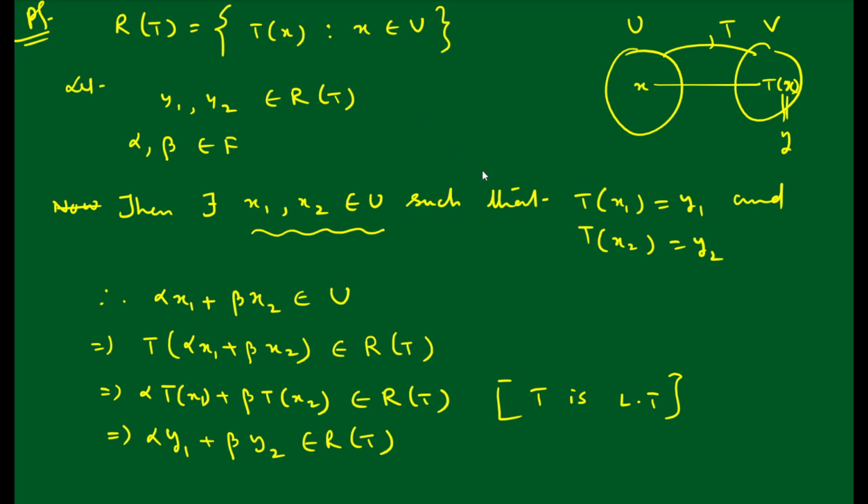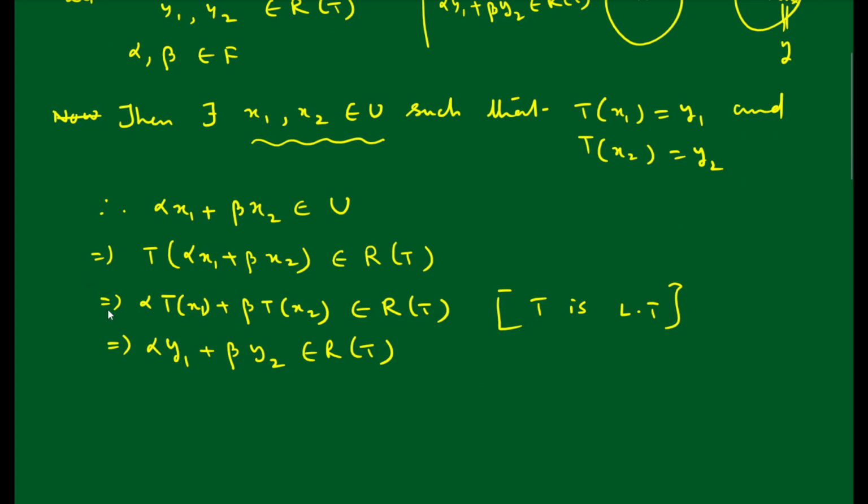And if we can show that alpha y1 plus beta y2 belongs to R of T, then it is a subspace. Now see, the same element we got here. So alpha y1 plus beta y2 belongs to R of T. So what does it mean? R of T is a subspace of what? Subspace of V, क्योंकि R of T V का subset होता है.